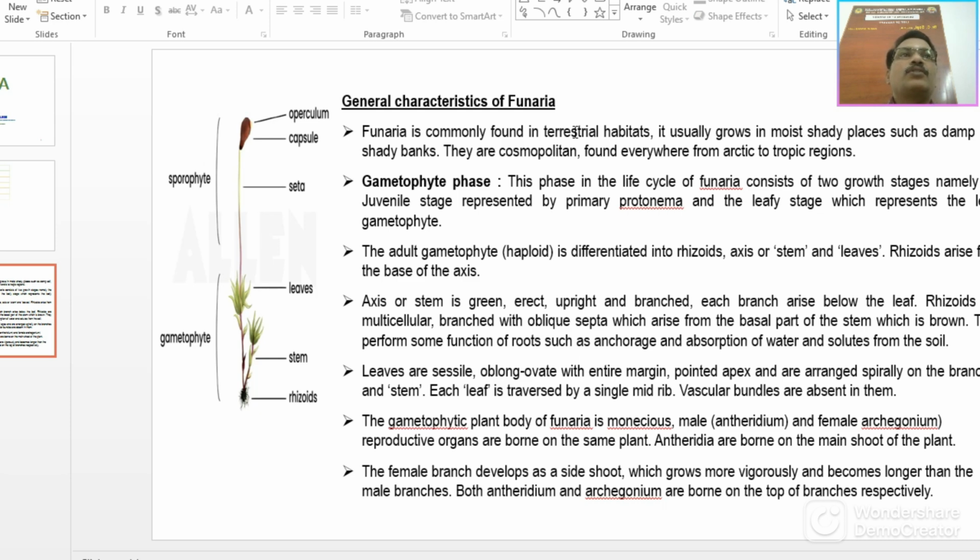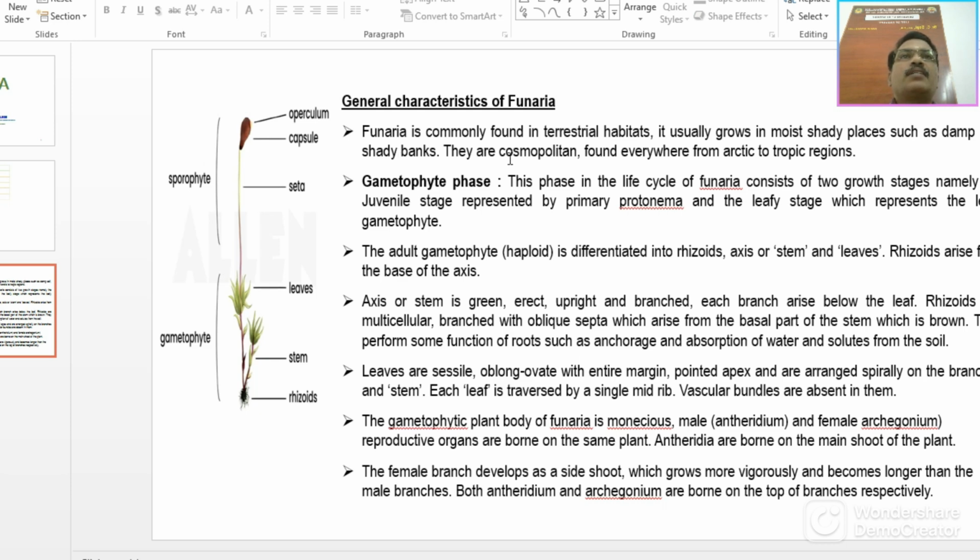So it usually grows in moist shady places such as damp soil and shady banks. See, it can grow in damp soil and shady banks, that is river banks, where the water does not continuously flow.